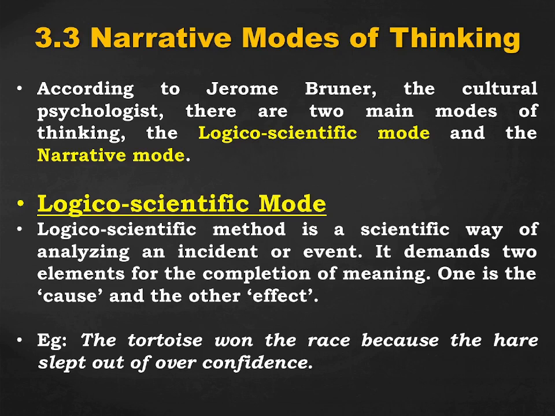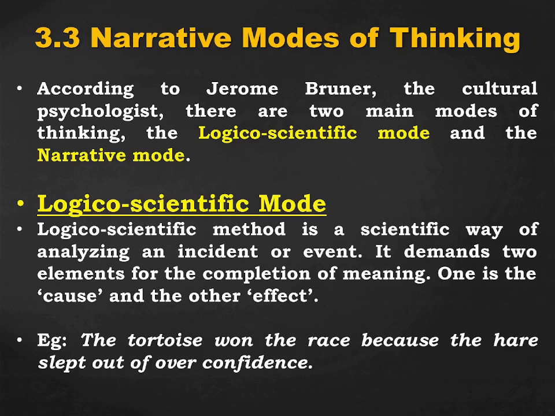Perhaps you mustn't have understood exactly what is being discussed. Let us try to explain with the help of an example. All of you know the story about the tortoise and the hare.